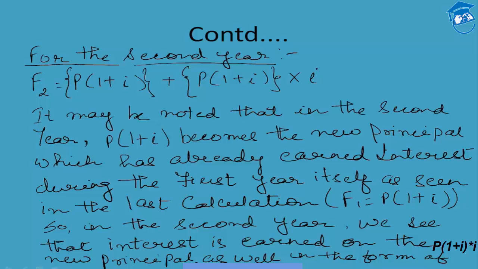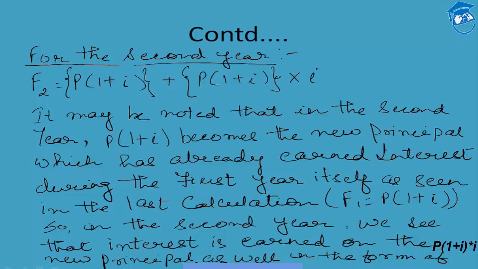Your P was 100 USD, which increased by P into I, that is 100 into 10% of it, that is 10 USD. So your future value F1 at the end of the first year was 110 USD. Your future value for 100 USD growing at the rate of 10% interest compounded annually after 1 year goes up to 110 USD.